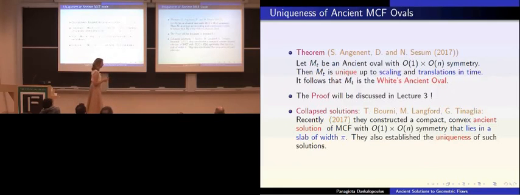Recently, with Sigurd Angenent and Natasa Sesum, we showed that any ancient oval with O(1) cross O(1) symmetry, alpha non-collapsed and ancient compact, is unique up to scaling and translations in time.